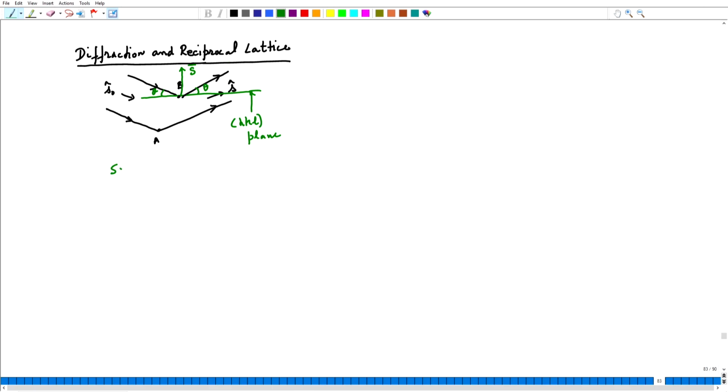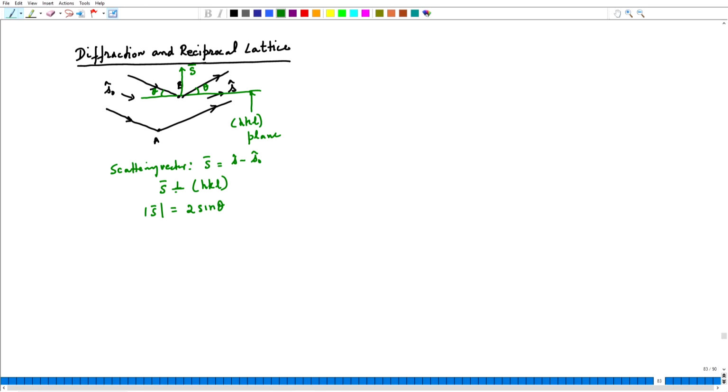Now, the scattering vector itself, from the above diagram, simply becomes the difference of the 2 unit vectors, unit vector S minus the unit vector S naught. And as we see, that scattering vector S is perpendicular to the plane HKL. The magnitude of the scattering vector, from the above figure, turns out to be 2 sin theta.